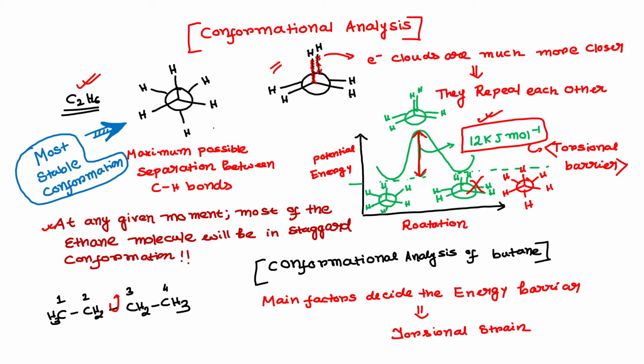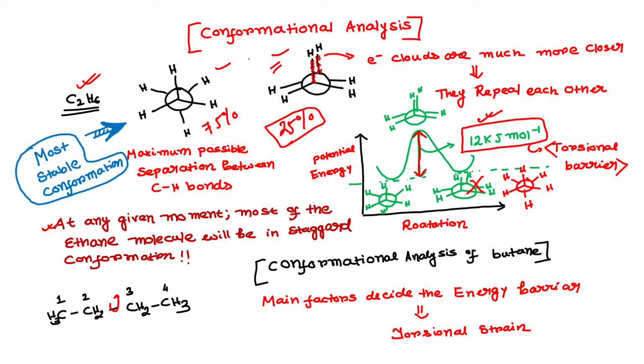So at any given time we may have 75% staggered conformation and 25% eclipsed conformation, but we cannot actually distinguish or separate out these two conformations, as they are readily convertible into each other.